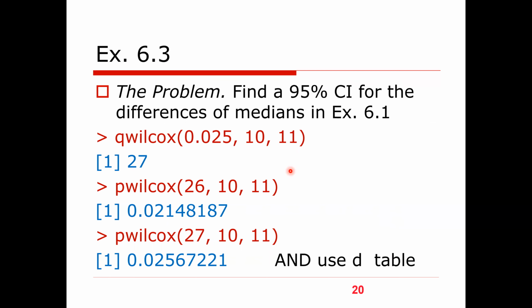So using R, we can use qwilcox. We can get the order of Dij that we start including into the confidence interval. The first value here is the probability of one side corner we need to exclude from the confidence interval.